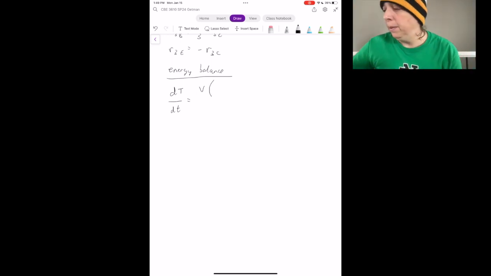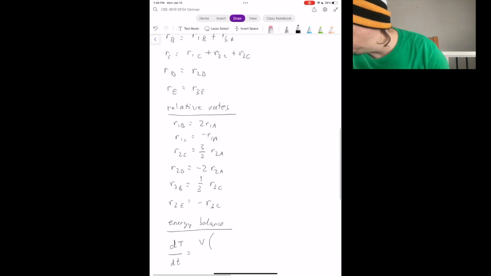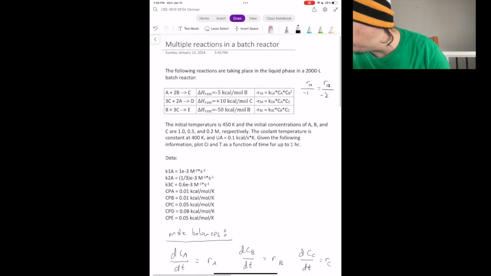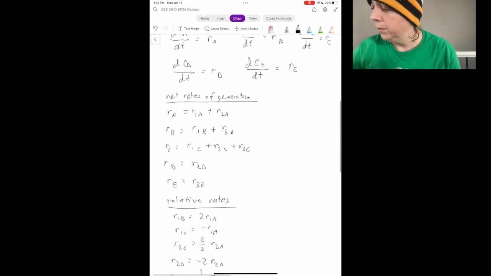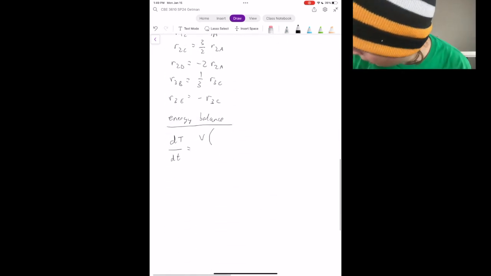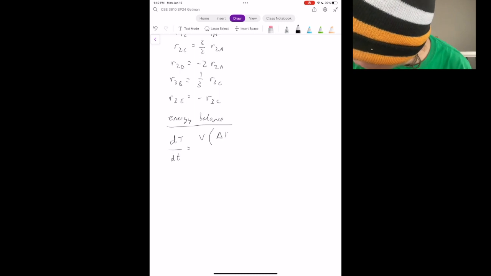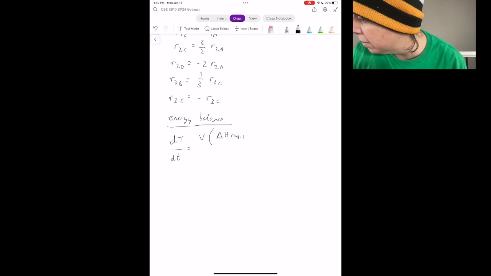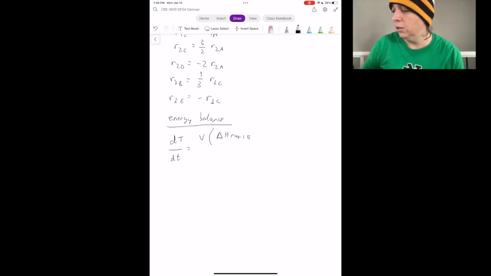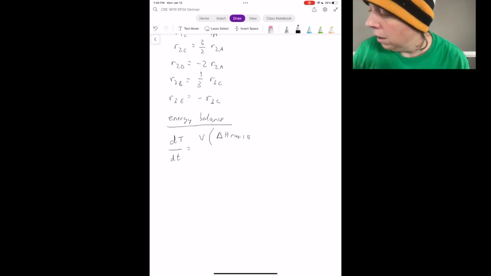I'm given heats of reaction in terms of species B for reaction 1, species C for reaction 2, and species B for reaction 3. So I need to write my heat of reaction for reaction 1, and this is in terms of B, so I'm going to put a B here to denote that.